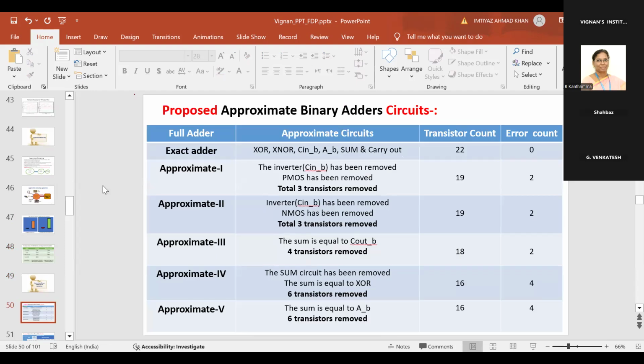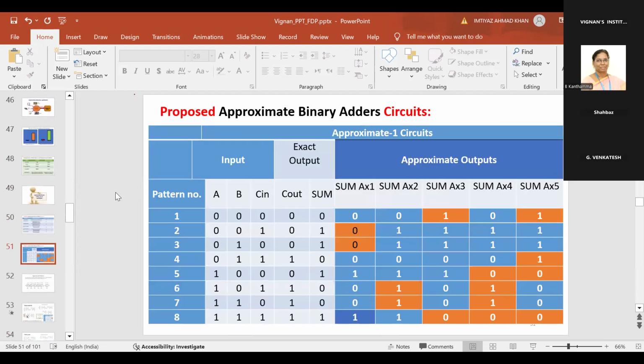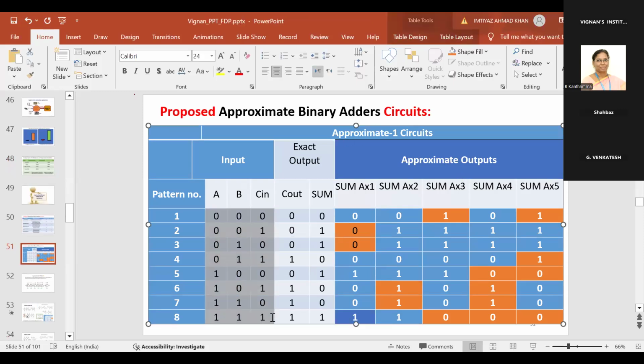I have proposed a circuit, and I will explain it in brief. There is a logic I've explained with inputs A, B, carry in, carry out, and sum, as I started in this lecture. When both A and B are zero, the output is zero. When both are high, the output is high. But for approximation, you cut down some portion of the circuit.